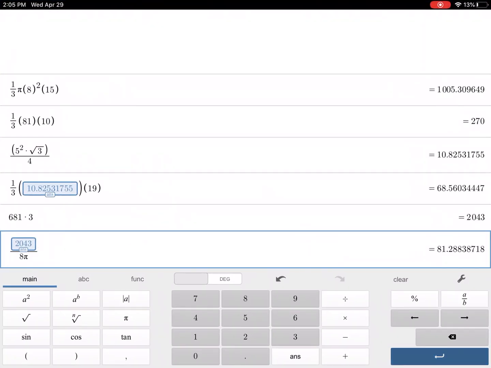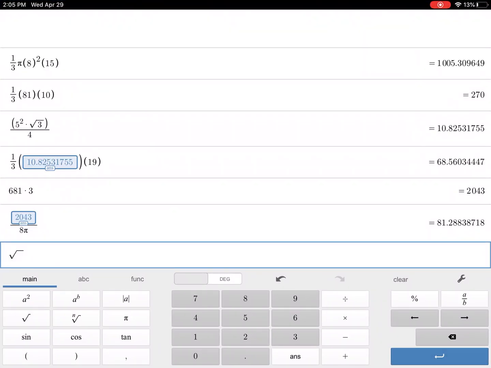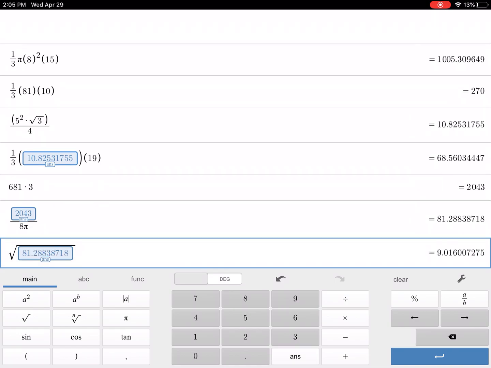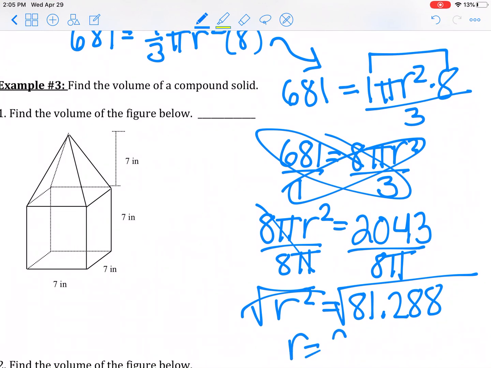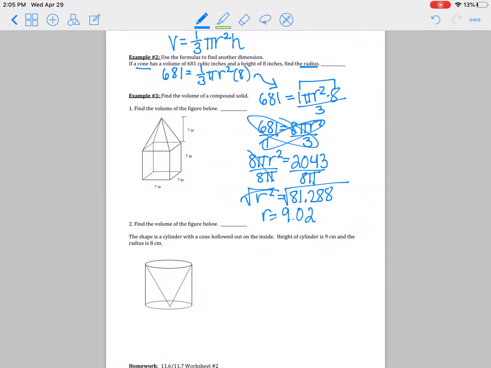Hop back over. I'm going to square root, and I'm just going to click that answer so it copies it, and we get 9.02 rounded. So r is equal to 9.02. And we are in inches. Okay, there's our radius.